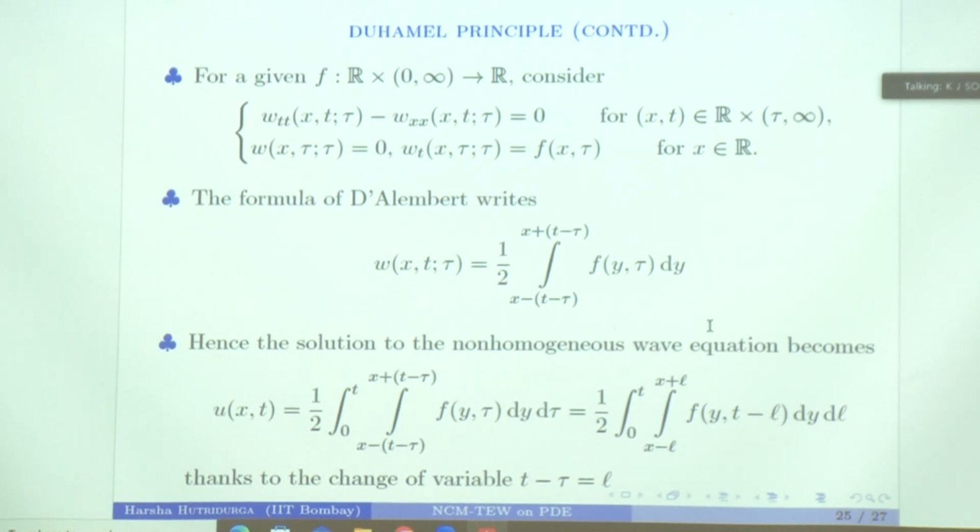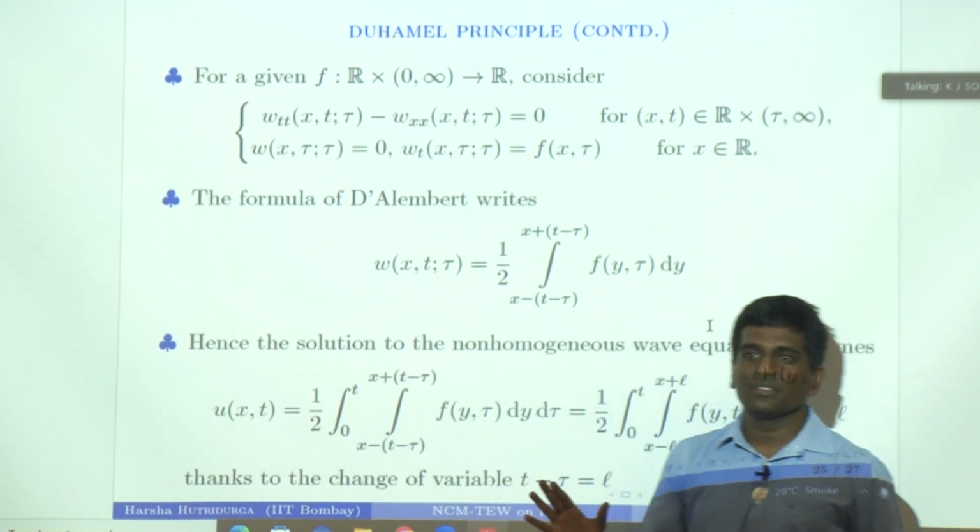So you see, the point I'm trying to make in this slide is that you are not solving a bunch of auxiliary problems all the time. That was just a principle. Now this is a formula. If somebody gives you a source term f, you simply compute this integral and that is your solution.